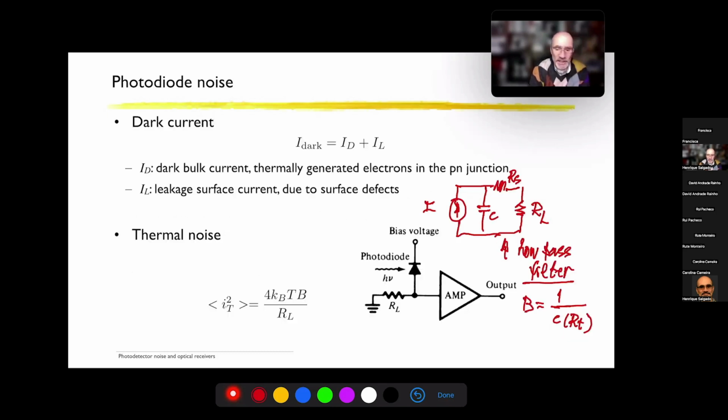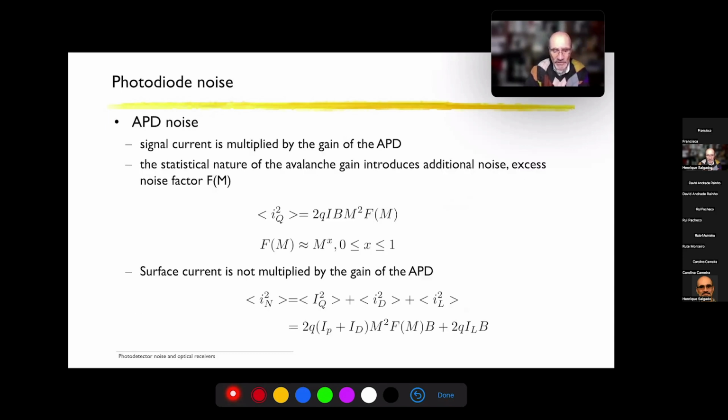If we want to include an equivalent expression for the APD, then the expression has to be modified, and we need to multiply it by the square of the gain of the photodetector, multiplied by this excess noise factor, which is the noise associated with the avalanche statistical gain of the APD.